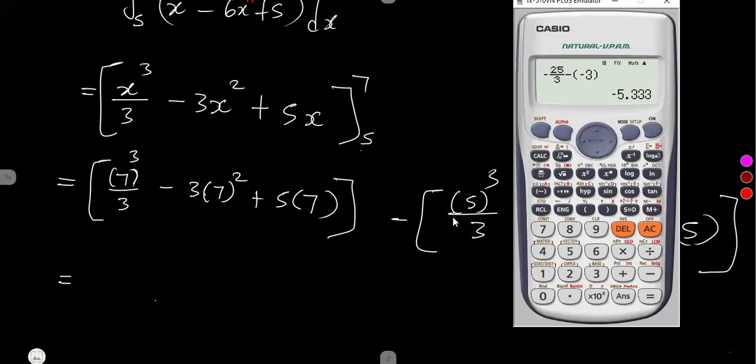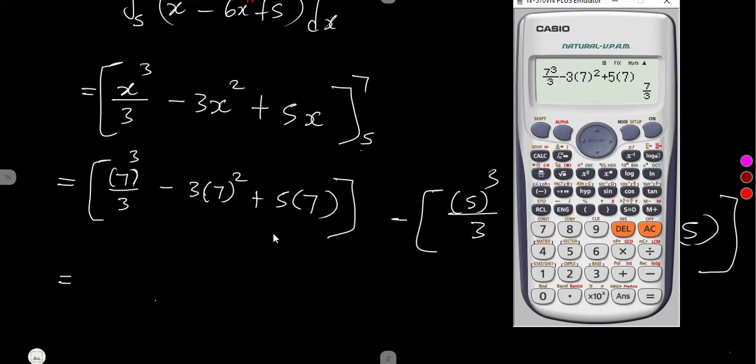We are done. So let's substitute. This time is 7. So that's 7 to the exponent of 3 over 3, minus 3 into 7 squared plus 5 into 7. So this was going to give us 7 over 3.